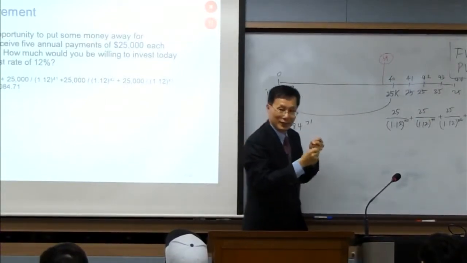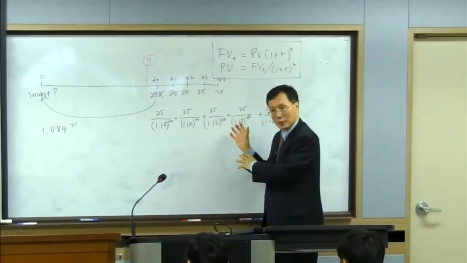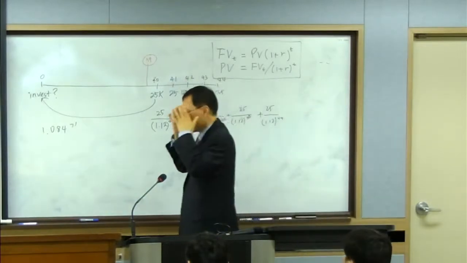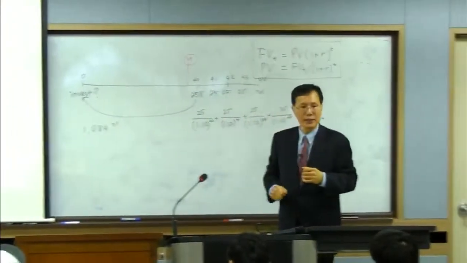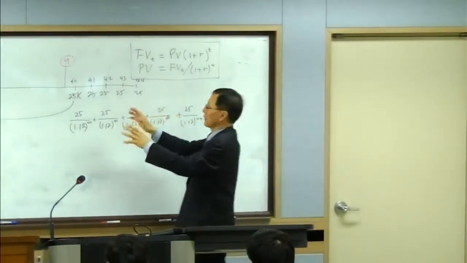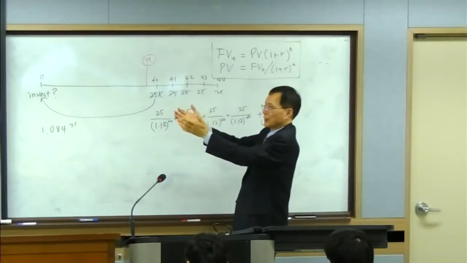Okay? That's what I did. But instead, I want you to think in this term. In year 39, you look at your life. 39 years have passed, and you look at the future.